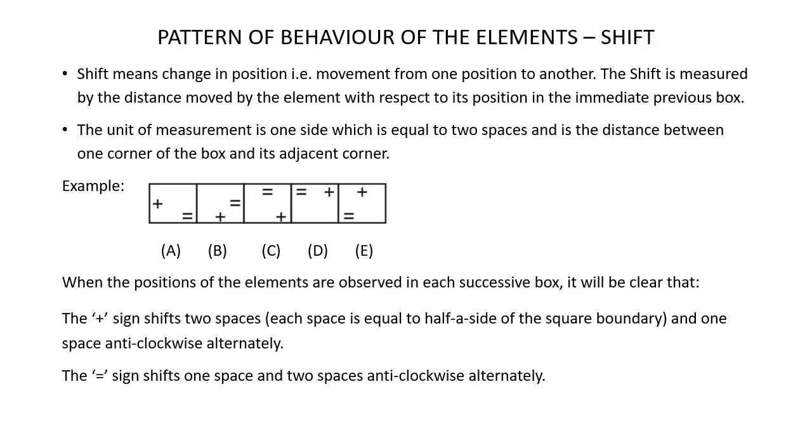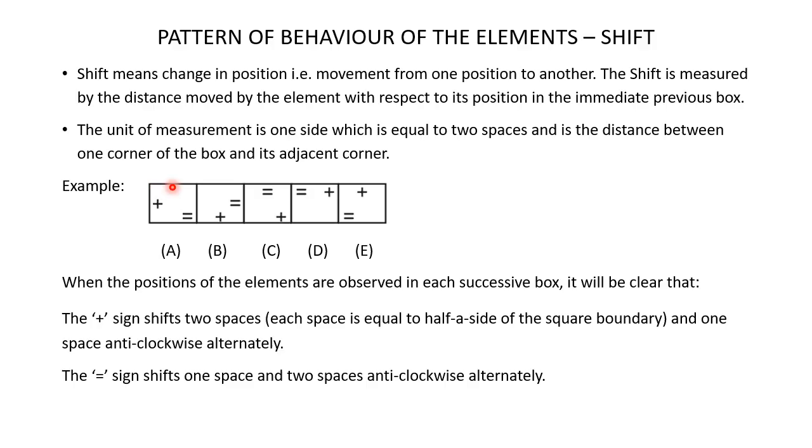Let's understand this with the help of an example. Now let's consider this box. From this corner to the adjacent corner, it is one side. Now if an element moves from this corner to this position, then the element is said to have shifted one space.